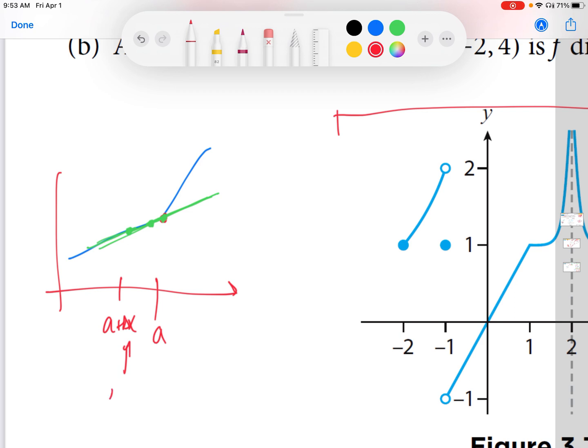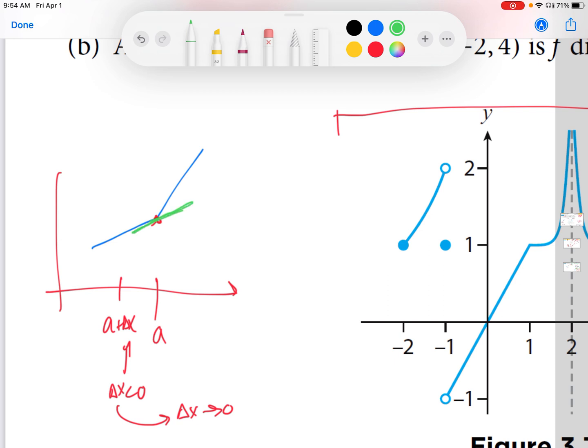Delta x in this case is negative because this point is to the left of a. In other words, as delta x goes to 0, the secant line that I get is the line that respects this kink from the left-hand side. That's the secant line I would get.